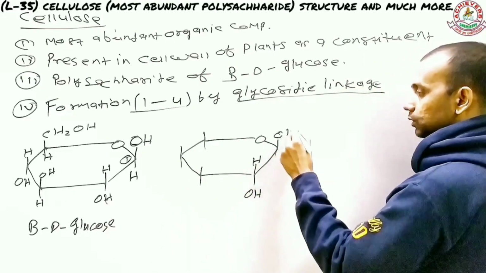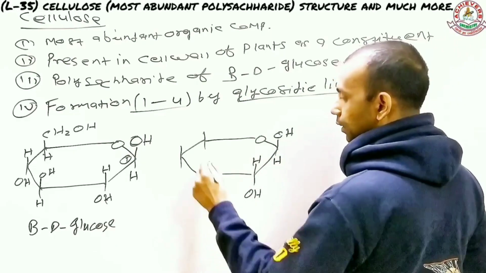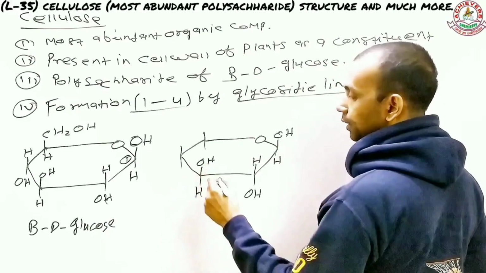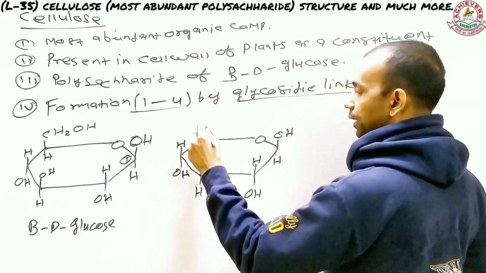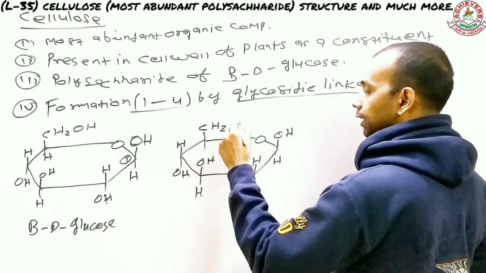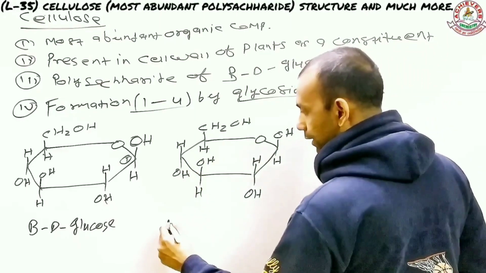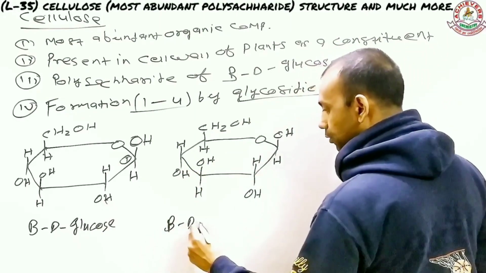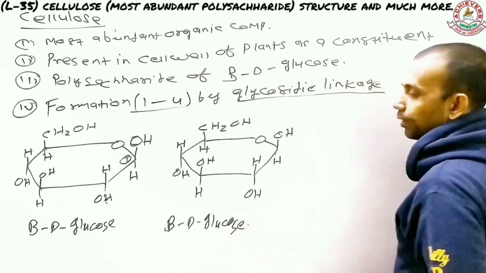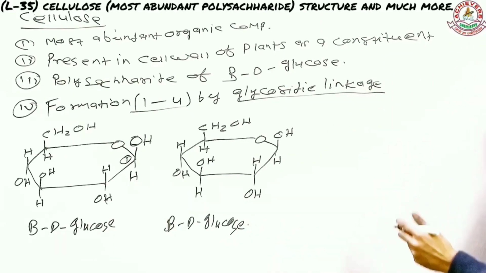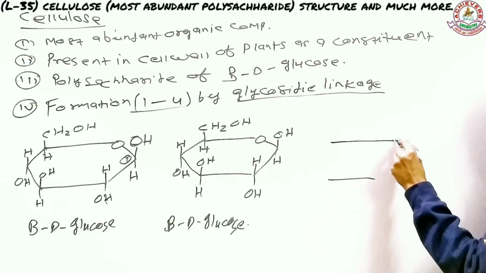This one has OH on the first carbon, OH up, H down here, and H out here, while OH is inside on the third carbon. And there is again your OH, and this is your H. Similarly, this is your achiral carbon CH2OH with one hydrogen inside. So this is your second molecule of beta-D glucose. Let's draw another one and then understand what the linkage looks like. So this is your third molecule of beta-D glucose.